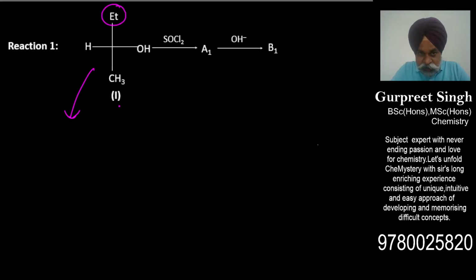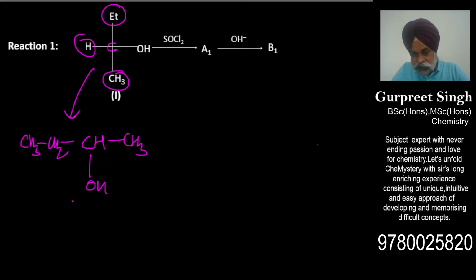This is the ethyl part, this is the methyl part, and this is the carbon which is the chiral one. So you have CH3, CH2 on one side, you have CH, and one is OH, another is methyl. So basically you have one of the configurations of 2-butanol. So the starting material is 2-butanol.